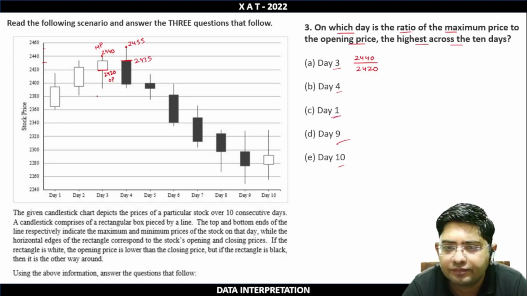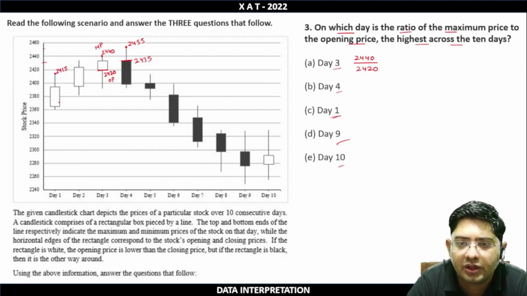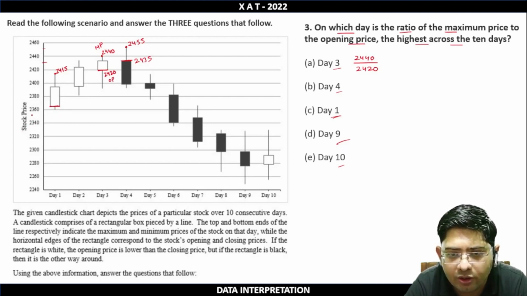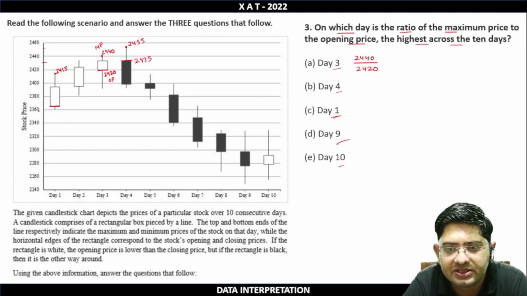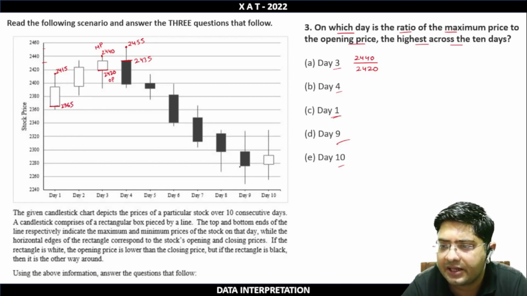Now day 1. Day 1's maximum price is 2415, and the opening price will be the lower horizontal bar, since it is a white candlestick, 2365. And that is day 9.